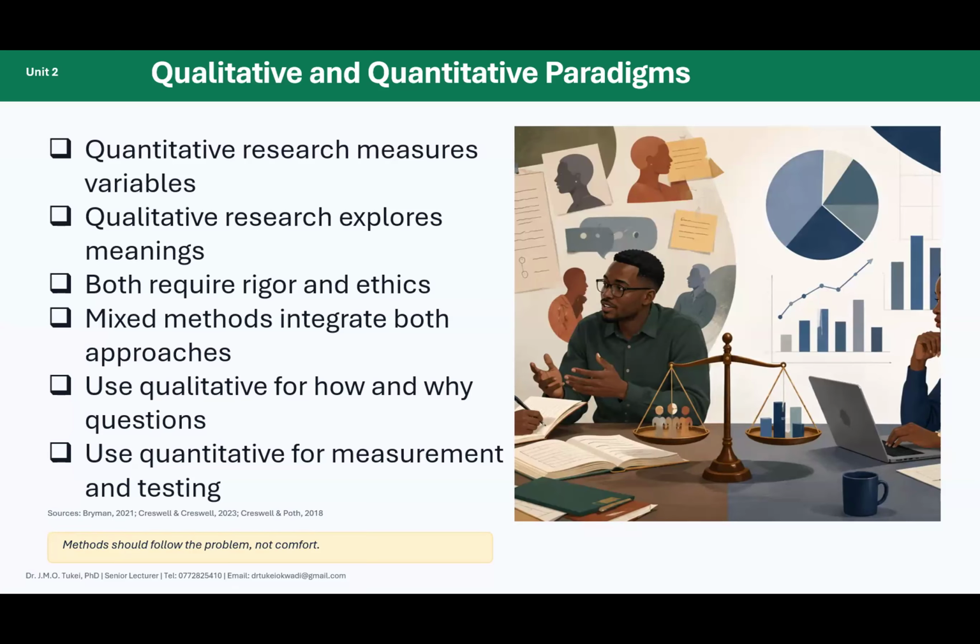How about qualitative research? Qualitative research explores meanings, very key and very important, experiences, processes, and context. It is useful when the researcher wants to understand how and why people behave, interpret events, or even experience institutions.